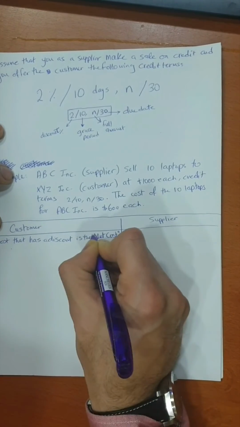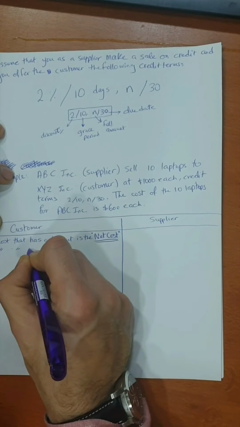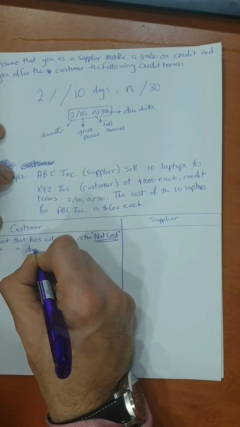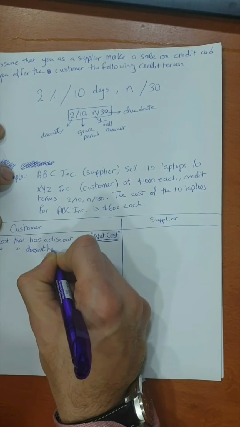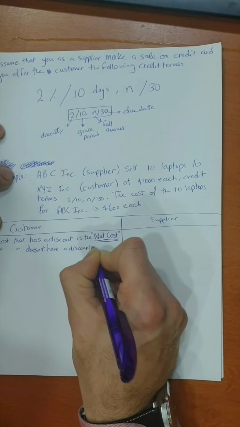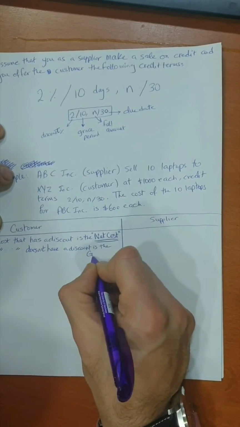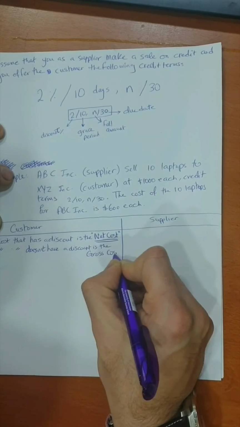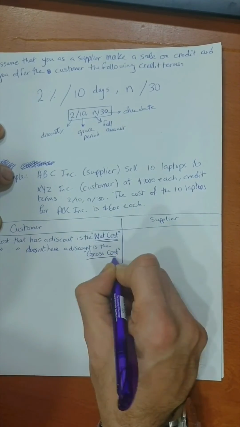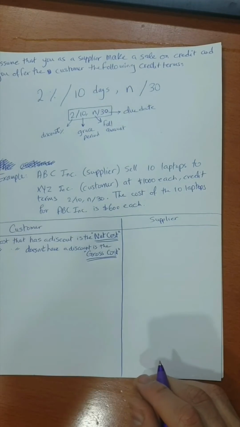Keep in mind this name. The cost that doesn't have a discount is the gross cost.